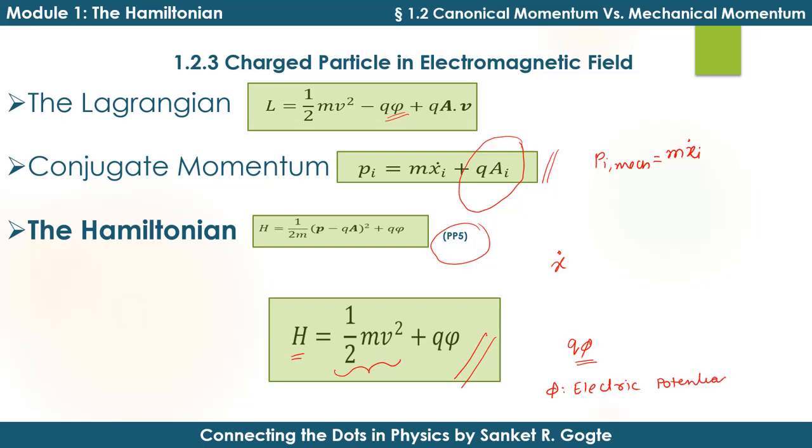So you can think about it: where does this A go for this particular case? If I write the Hamiltonian in this fashion in terms of V, there is no A present there. There is no term which visibly corresponds to this A. Think about it. That's why it is a point to ponder.